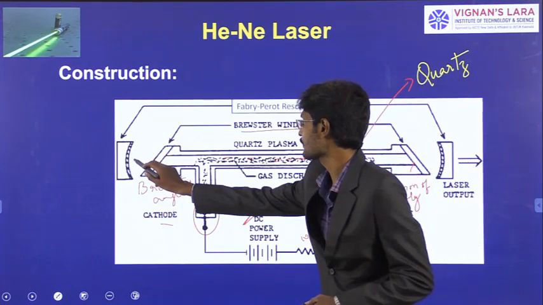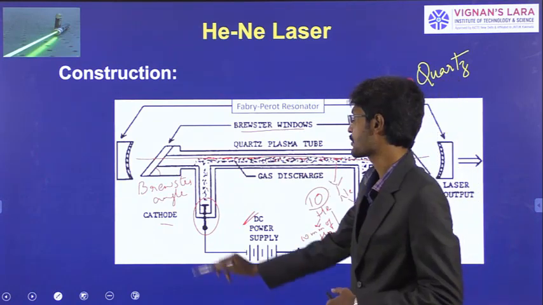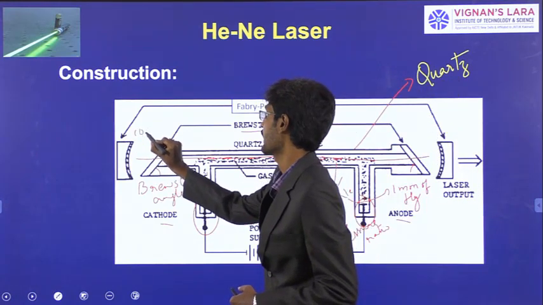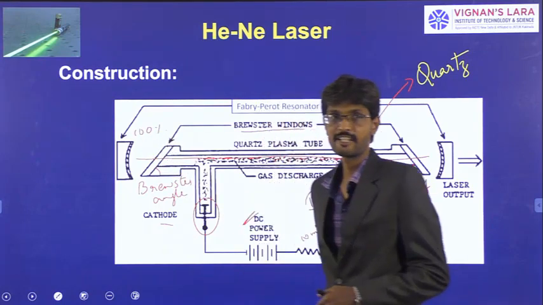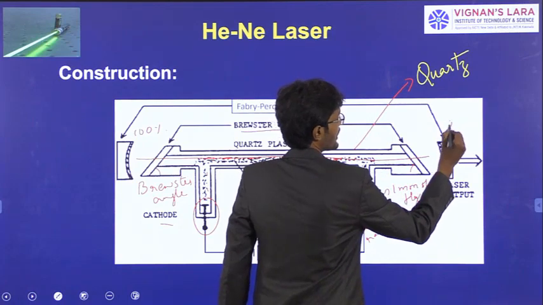And on the axis of the discharge tube, it contains two mirrors. This is a 100% reflecting mirror, and this is a partially reflecting mirror.